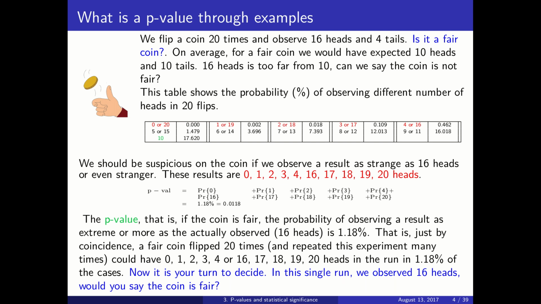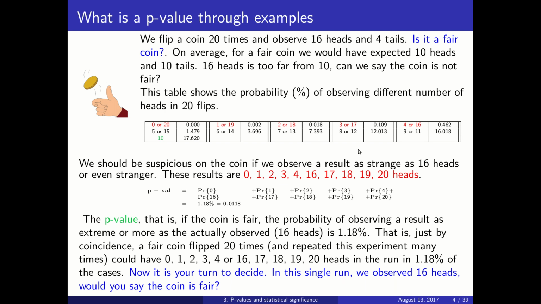What we can do is calculate, if we have a fair coin, the probability that we observe exactly 10 heads, and it is 17.6%. What is the probability that we observe 9 or 11 heads?